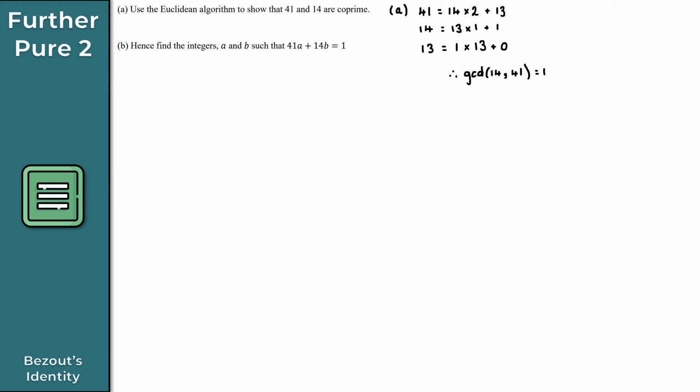And because then the GCD here of our two numbers, 14 and 41, is equal to 1, what that tells us then is these two numbers are co-prime. Okay? Let's just make a point here of that then. So therefore, in that case then, 14 and 41 are co-prime, as required.